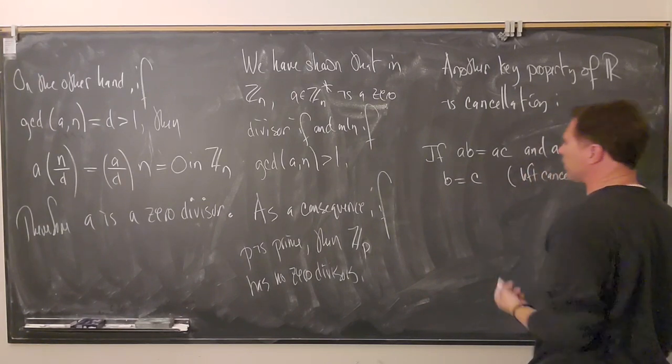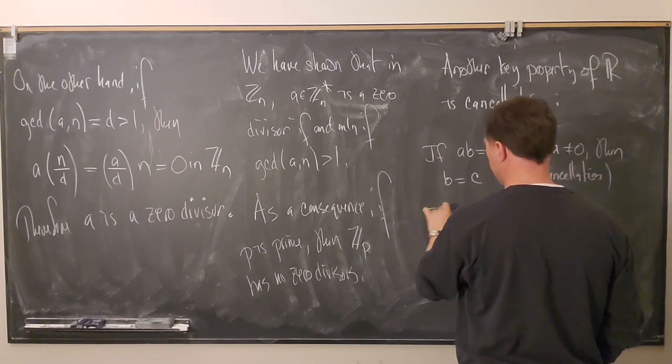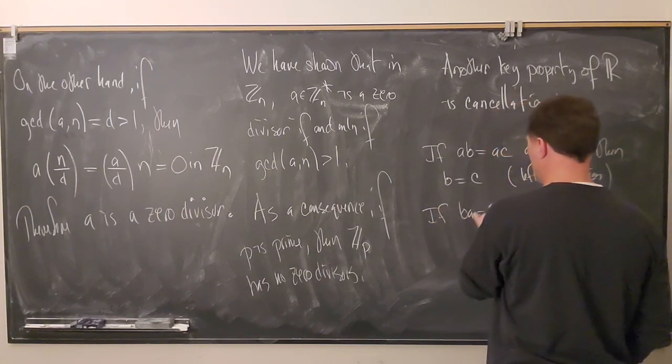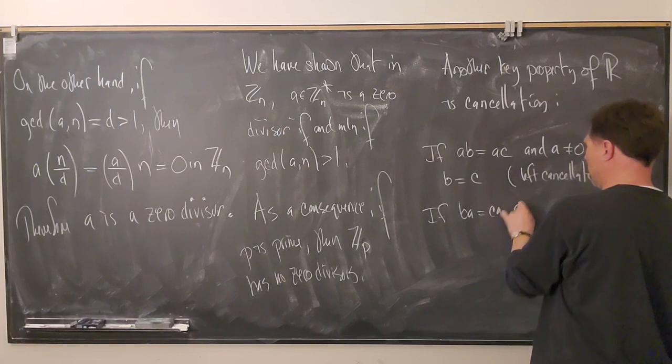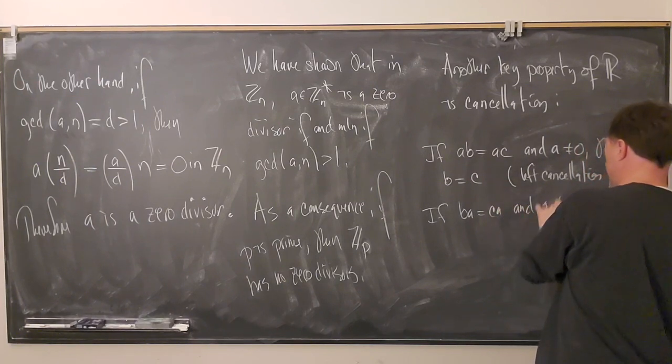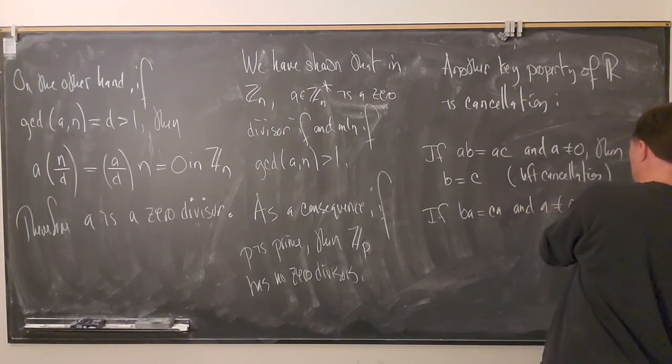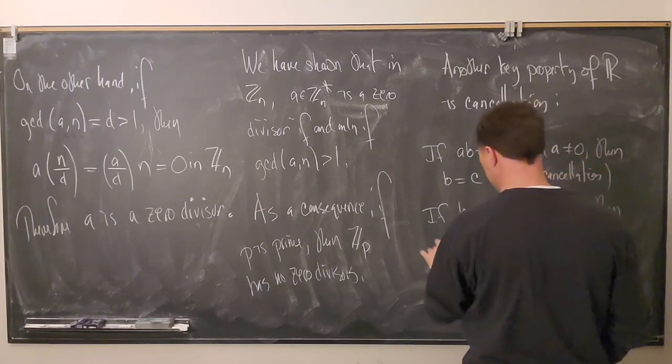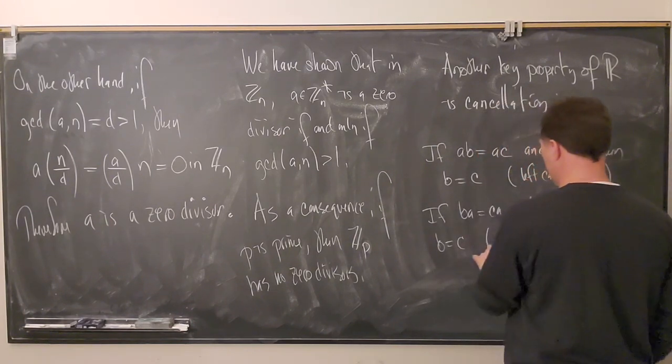And then we can say it in the reverse order also. So if BA equals CA and A not equal to 0, then B equals C, so that's right cancellation.